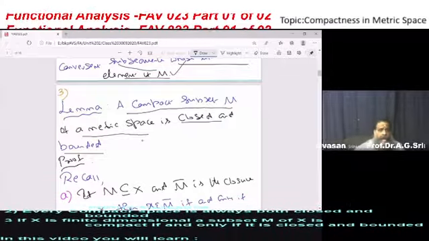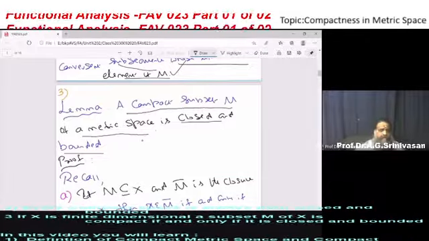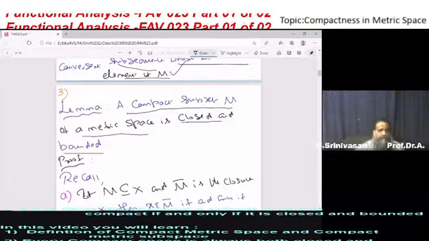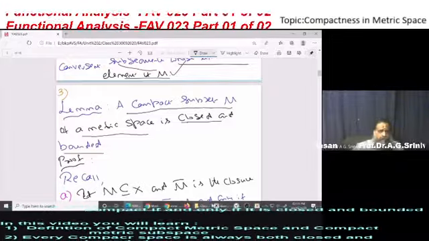A compact subset M of a metric space is closed and bounded. What do you mean by that? Let me explain that one more time.